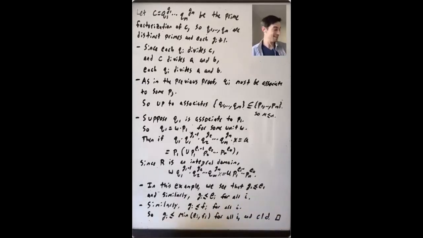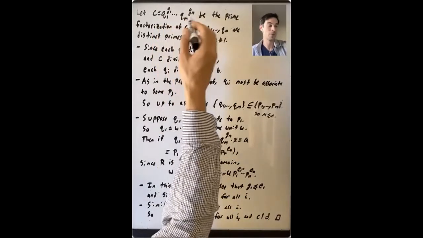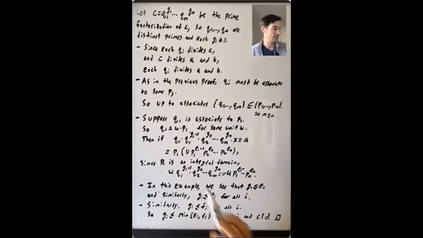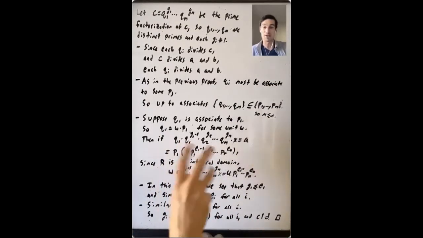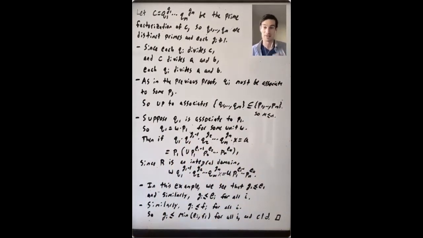What does that mean? That means that C divides D, because it has the same underlying set of irreducibles that could occur, P1 up through Pn, and the exponents in C are all less than or equal to those in D. So the details of this are a little bit murky because there's a lot of rearranging of factors going on.